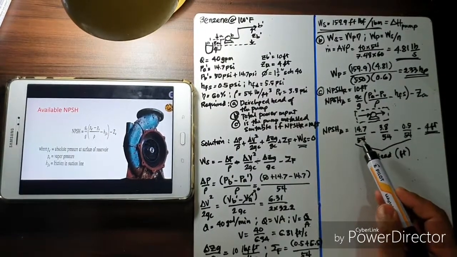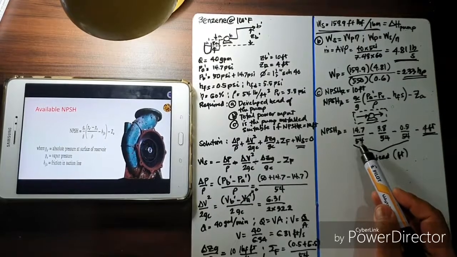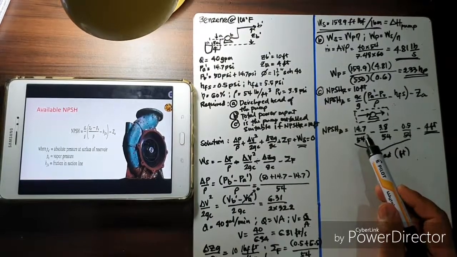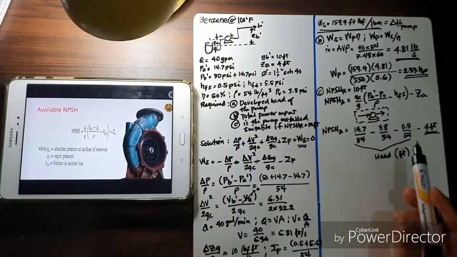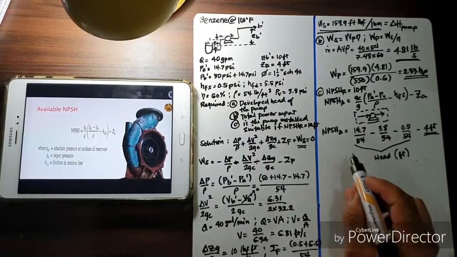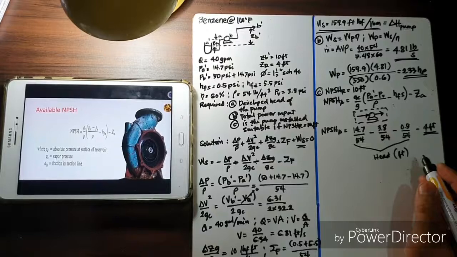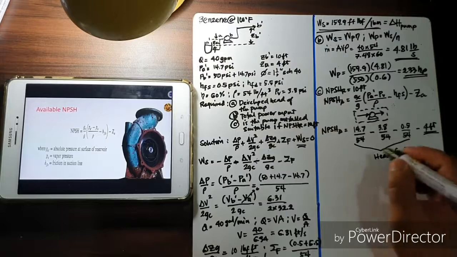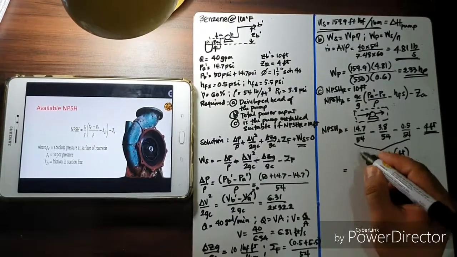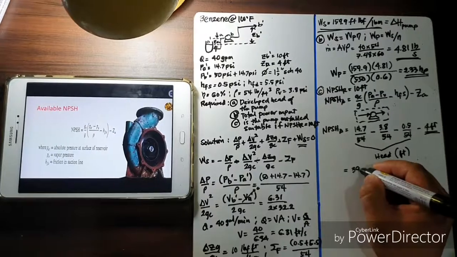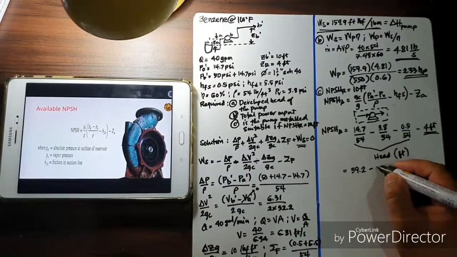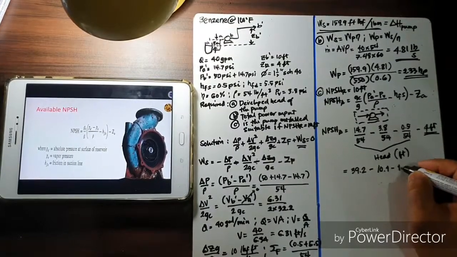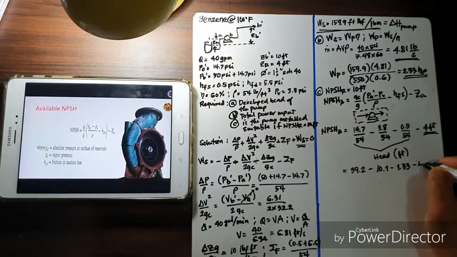This will become foot-pound force per pound mass. If you multiply everything with g over gc, everything becomes feet. And you multiply this with 144. The first term will become 39.2, minus 10.1, minus 1.33 feet, minus 4 feet.